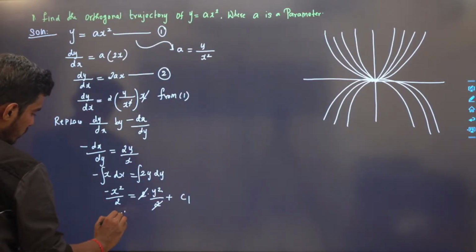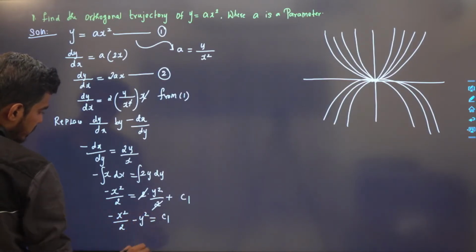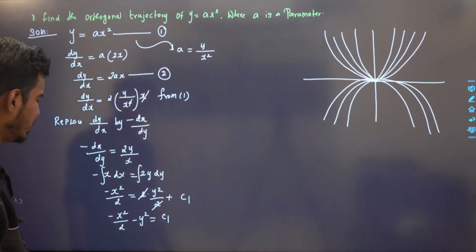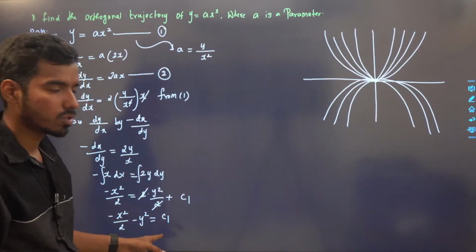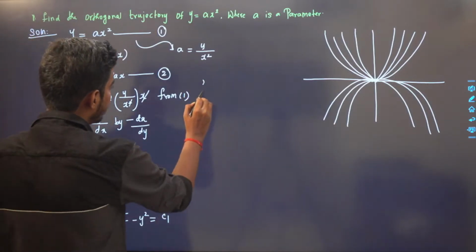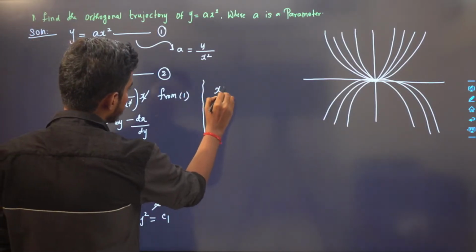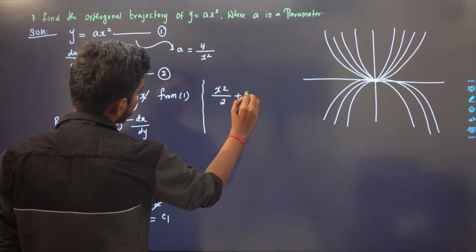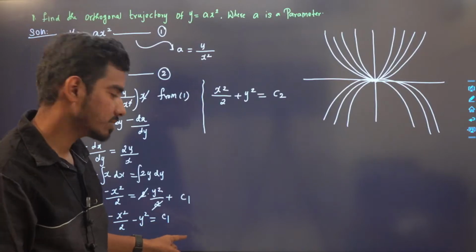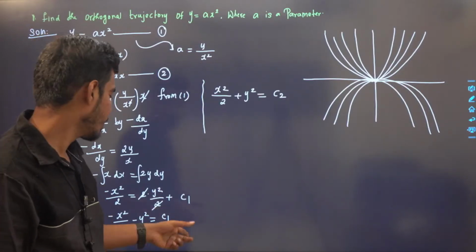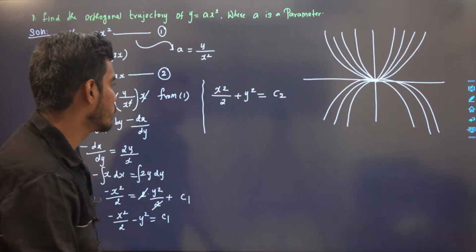So we will have minus x square by 2 minus y square is equal to c1. This is the same as, if I multiply by minus throughout, x square by 2 plus y square is equal to some constant c2, right? I'm just multiplying throughout by minus, and minus c1 I'm taking as c2.